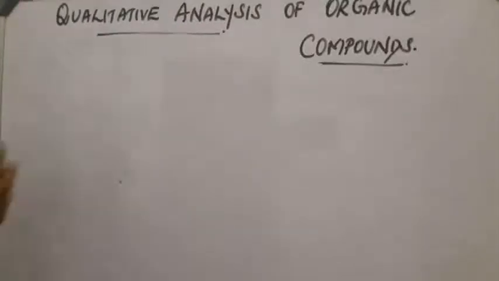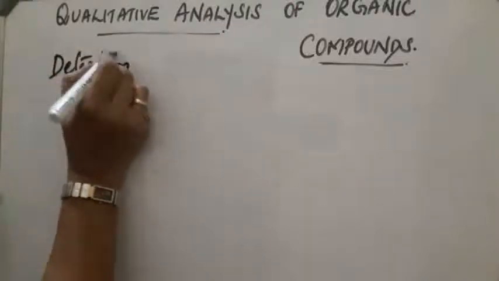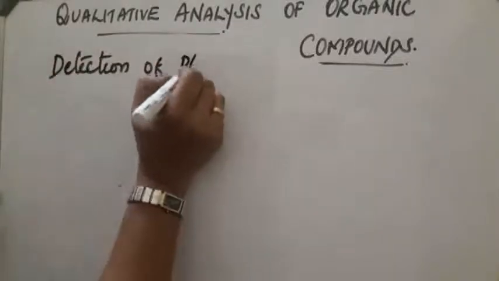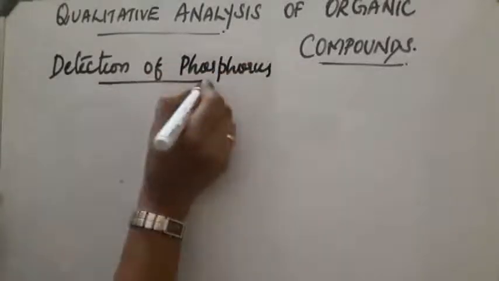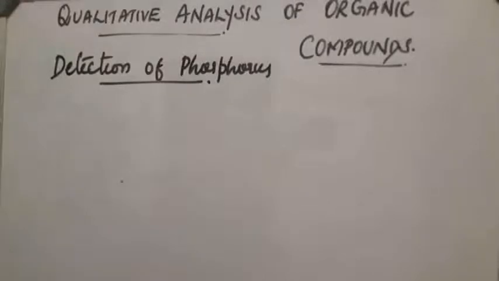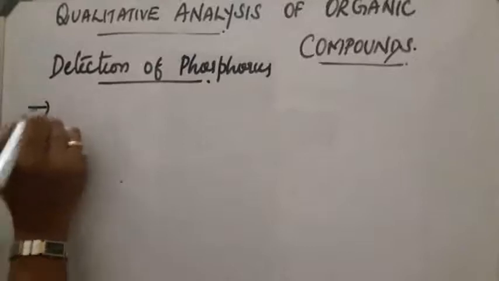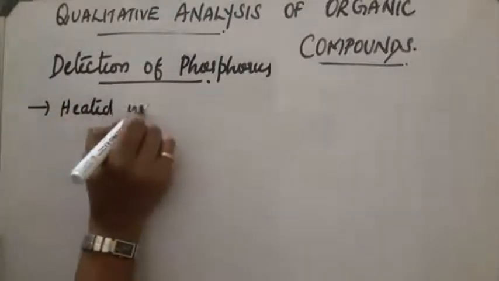Next is detection of phosphorus. First, we have to heat the compound with an oxidizing agent like sodium peroxide or concentrated nitric acid.